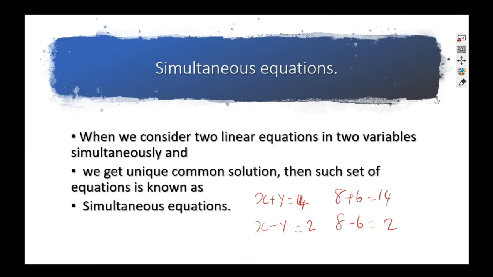So this is a classical example of simultaneous equations. Two equations, and two linear equations, because the variable has maximum index 1, and having a unique common solution 8 and 6. Such equations are called simultaneous equations. Simultaneous, ek saath. You can keep those equations together.